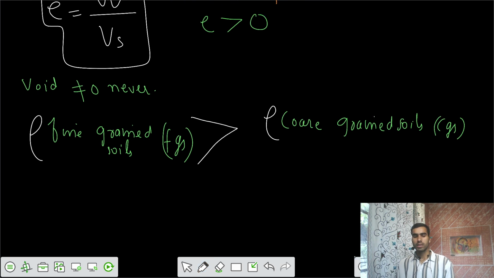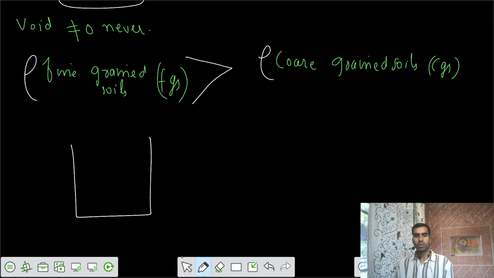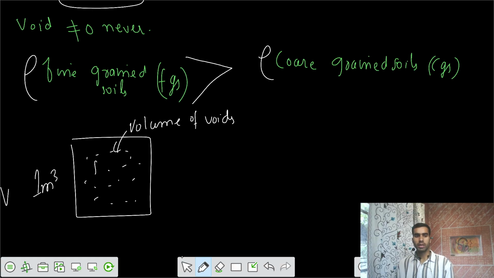That means the voids, if you take a particular unit of volume for fine grained soils, we have more volume of voids. If I take the total volume of the soil as 1 meter cube, in that we have some volume of solids, and the volume of voids is actually more.